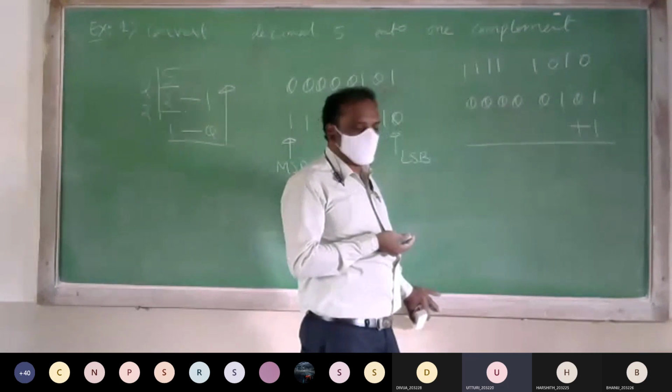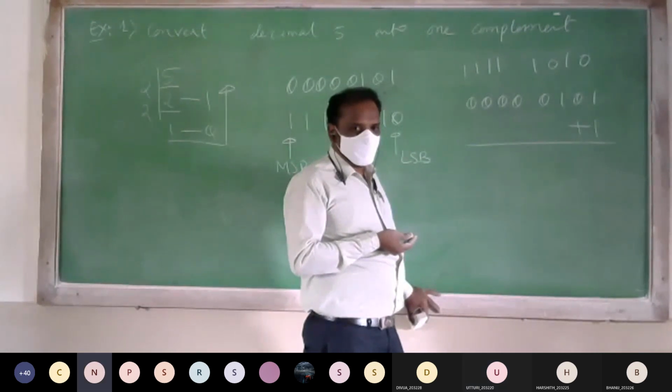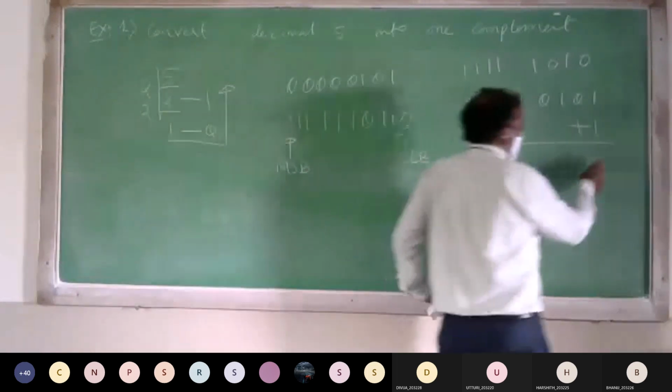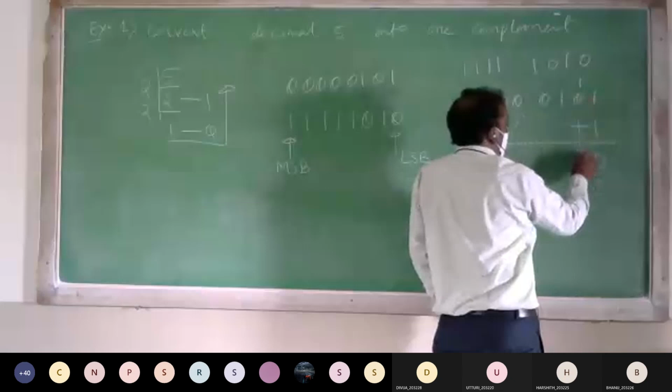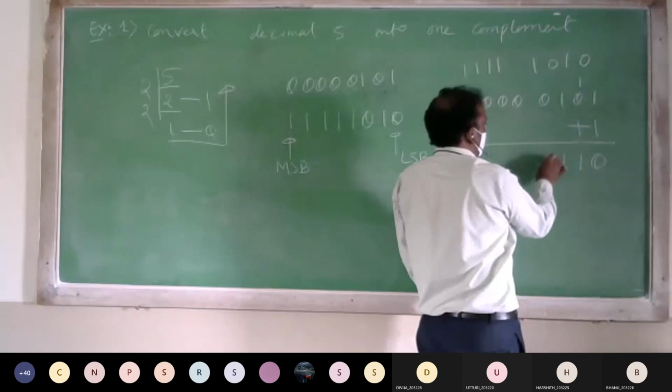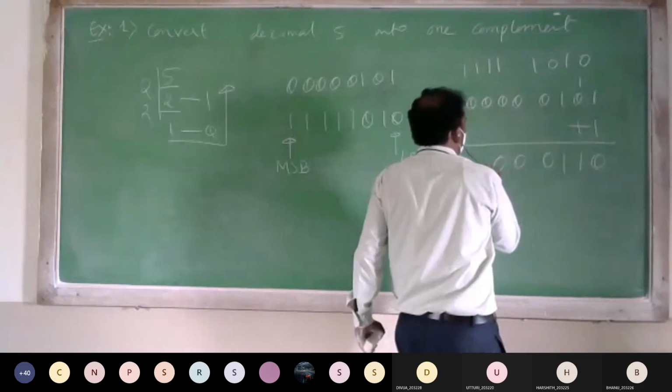In binary, how do you represent 2? 10. So 0, carry 1. 1 plus 0 is 1. Here nothing else is there, so write the remaining numbers as they are.